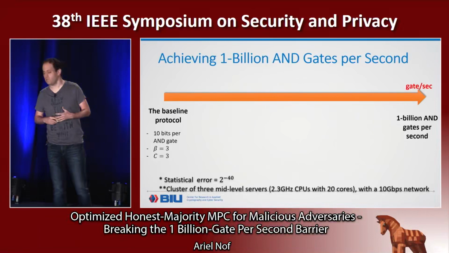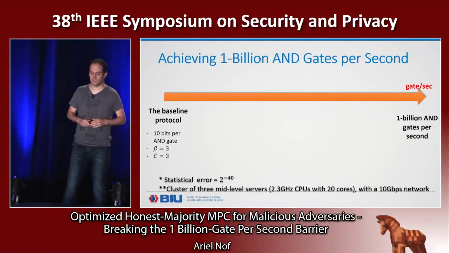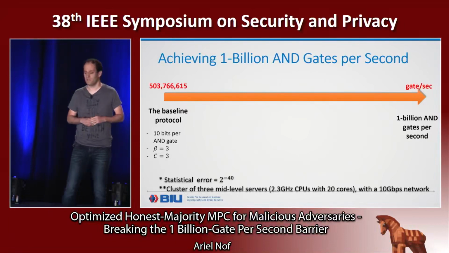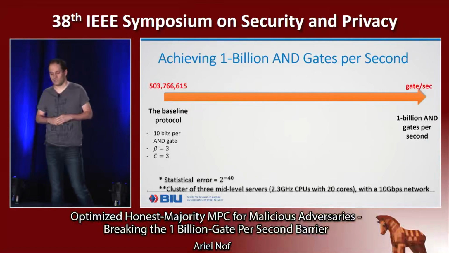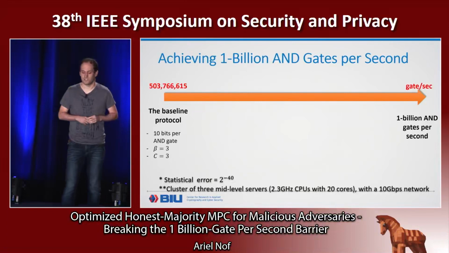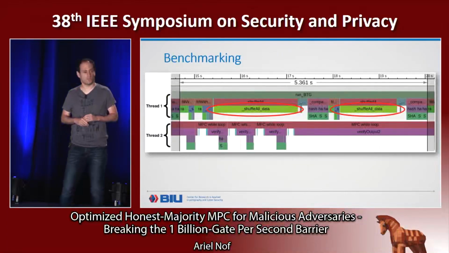So we started by implementing this baseline protocol, and this yields a throughput of 500 million AND gates per second. What we will see soon is that we can double this throughput and break the 1 billion AND gates per second barrier. So the first thing we did is to benchmark the results.